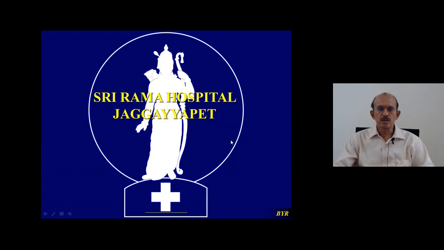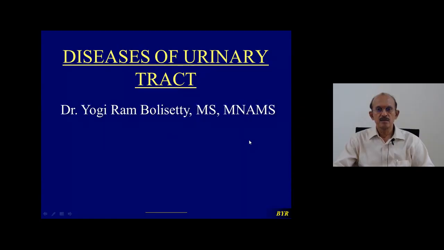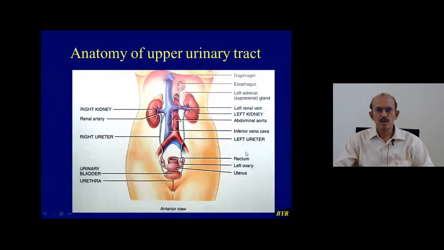Today we are going to start a new topic, that is the disease of the urinary tract. The urinary tract can be divided into upper and lower urinary tract. The upper urinary tract consists of the kidneys and ureters.